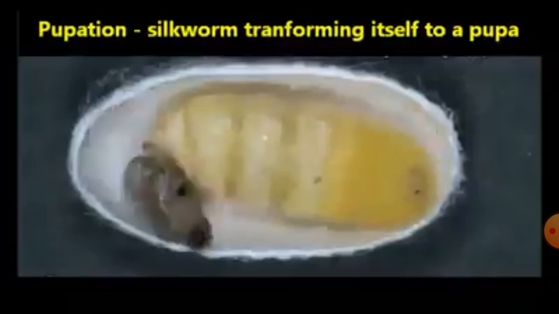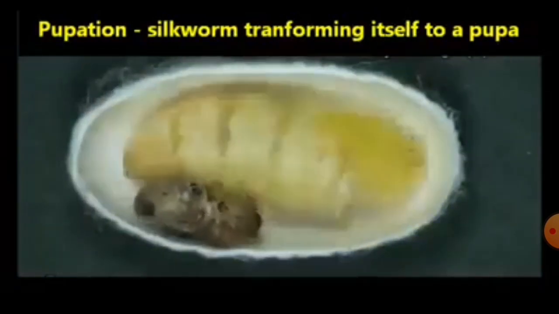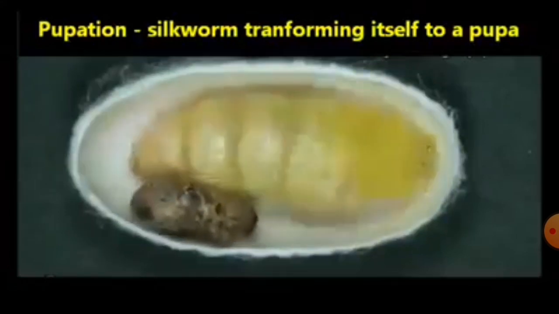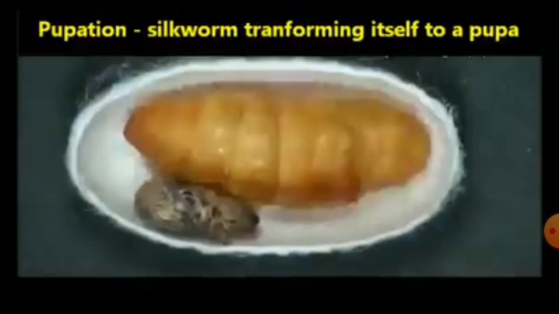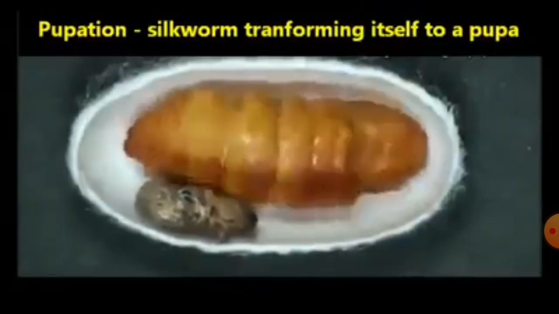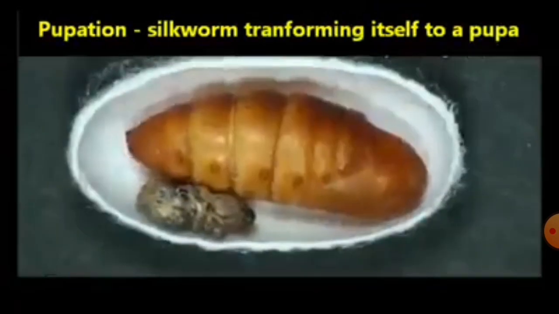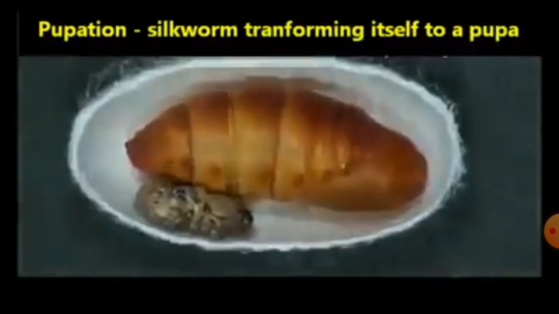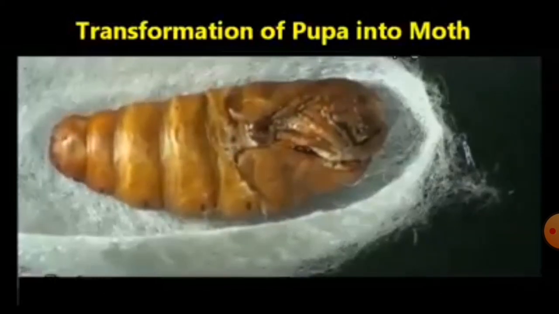Here this caterpillar secretes a protein fiber-like structure, and these protein fibers which come out from their head harden when they come in contact with the air and become silk fiber, and these silk fibers they wrap around themselves, covering their body, and in this pupa stage they go into a rest condition.